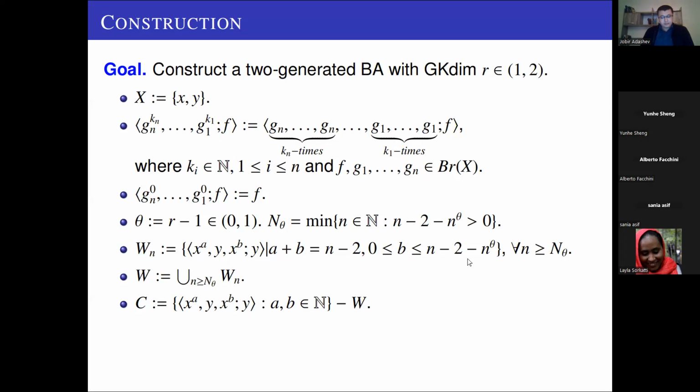So now we denote the complement of W by C. That means C is all the words with two y's, set minus the set W. Remember that any word in C has two y's, and one y is just at the special place.